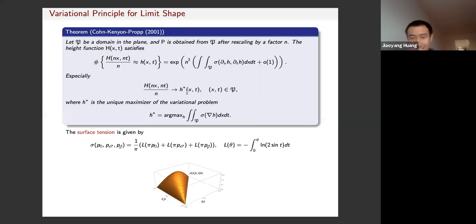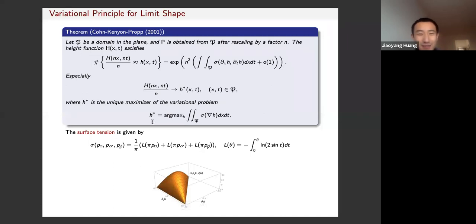From PDE knowledge, we know that if the surface tension sigma is strictly convex, then h star is smooth. But for this surface tension, it's only convex inside this triangle, not strictly convex on the boundary. That's why we get this h star, with the frozen region and the liquid region.